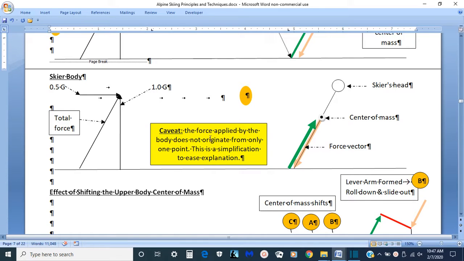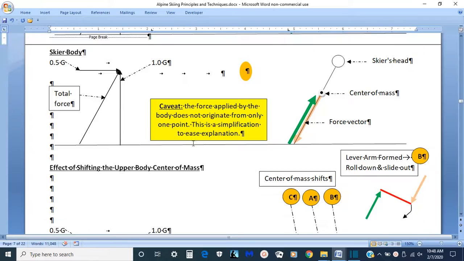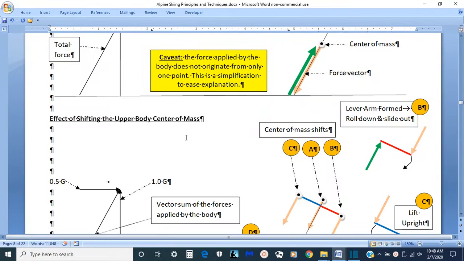The force applied by the body does not originate from only one point. I mean, it's at every point, depending upon how much mass is located at each point. But that'd be so hard to explain. So we take a generalized center of mass and we use that as a point of origin. It's not as simple as that, but to make it simple to explain.